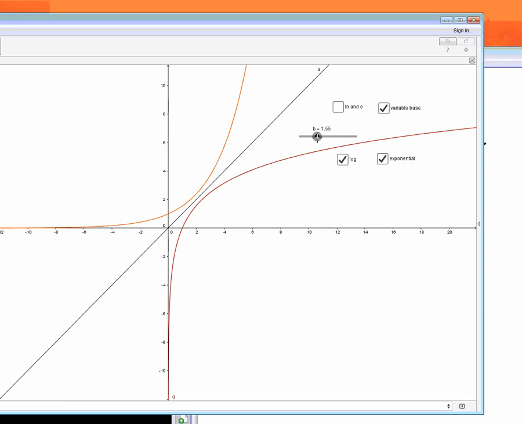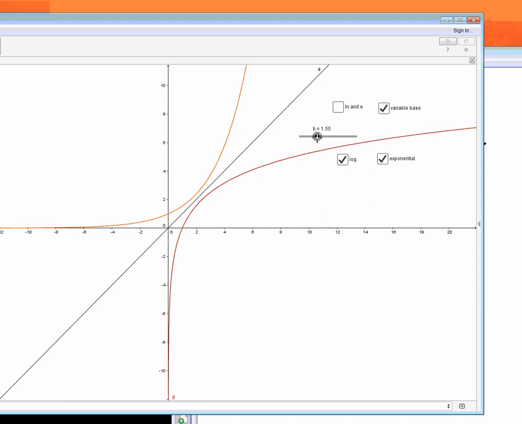So everyone go to your calculator, go and hit y equals. Hit natural log of x for y1, and then e to the x for y2, and then graph. Now, it doesn't look exactly like mine. In fact, it looks kind of swished out and dragged left and right a little bit more than normal.